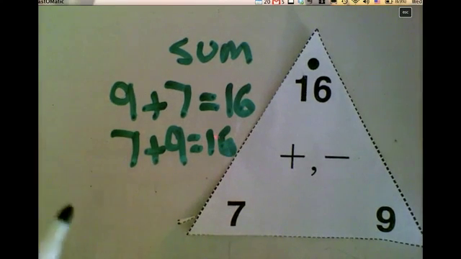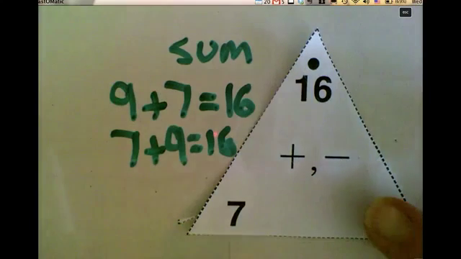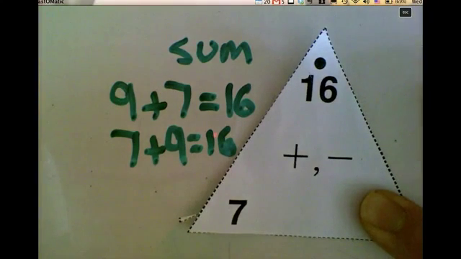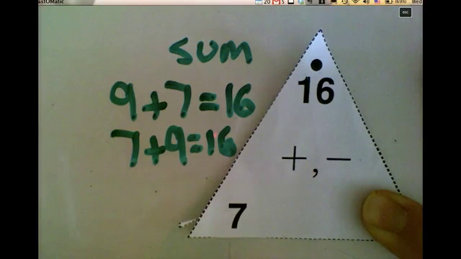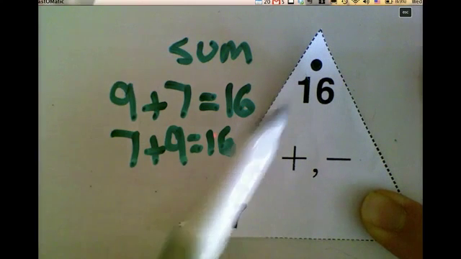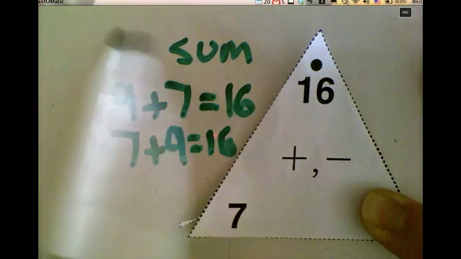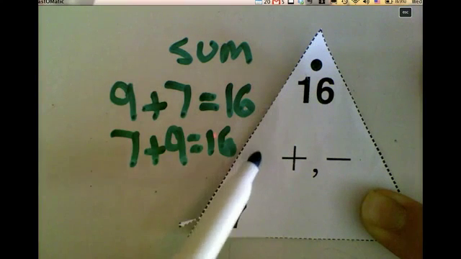Now, there's also subtraction problems on this. If you were to pick up this card and cover up this number here, for subtraction, you always want to subtract the smaller number from the larger number, so you would start with the 16 and say minus 7.